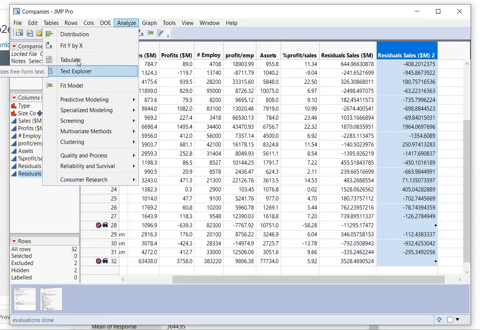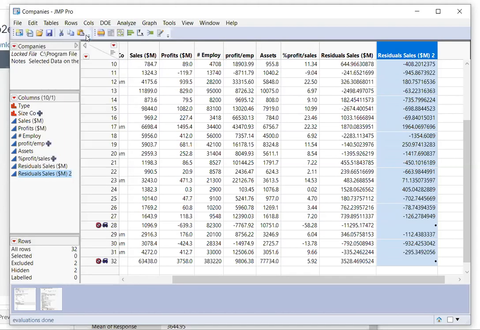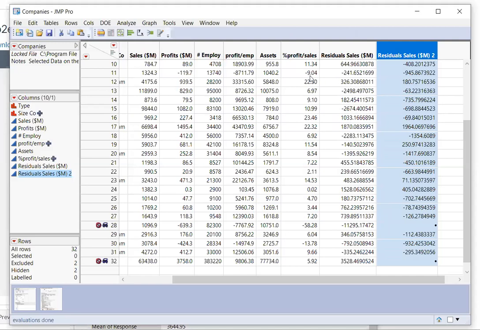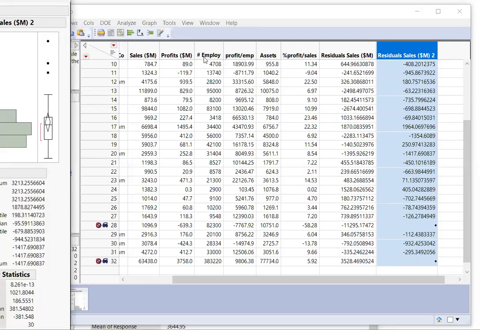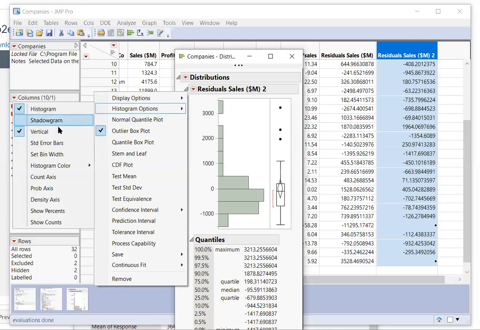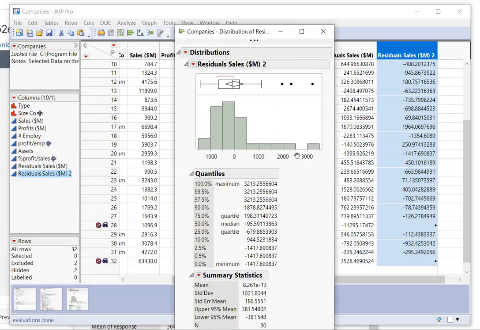Analyze. So first I use distribution to check residuals. Normality. And then look, we still don't have that normality.